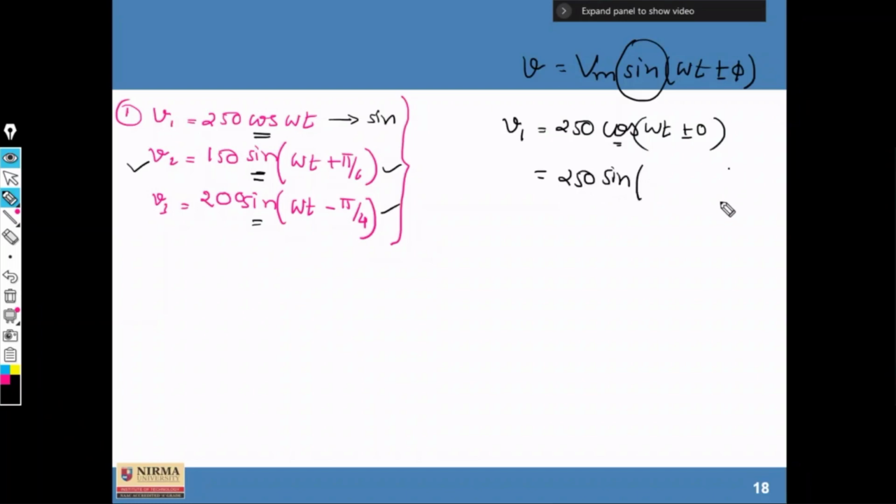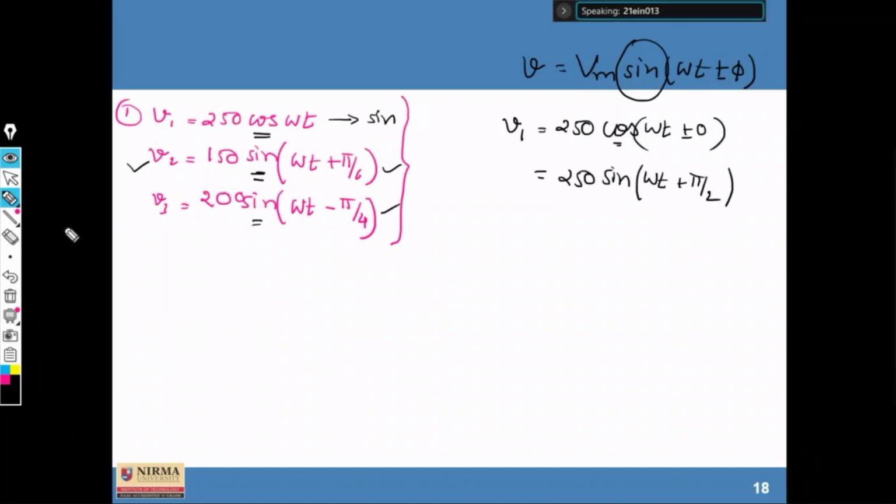Can anybody help me? 90 minus theta. Can we write like this? Yes, sir. Correct? Yes, sir.